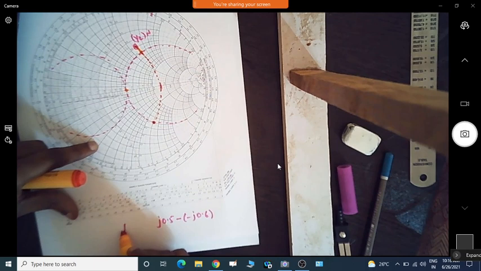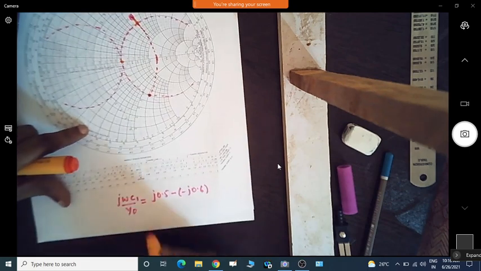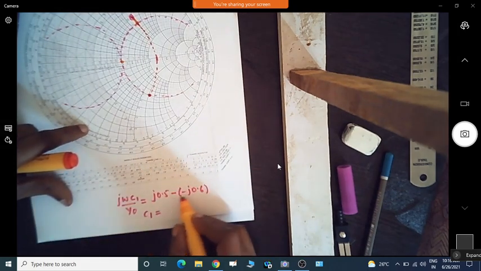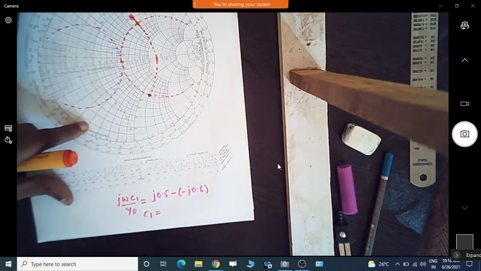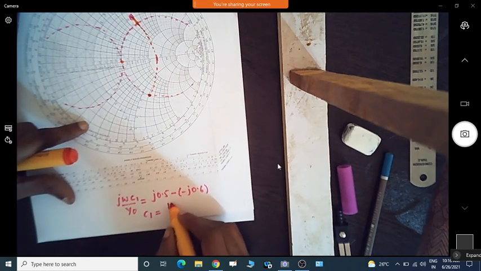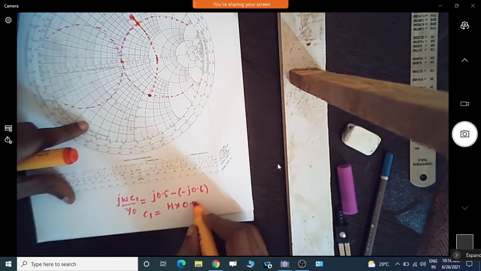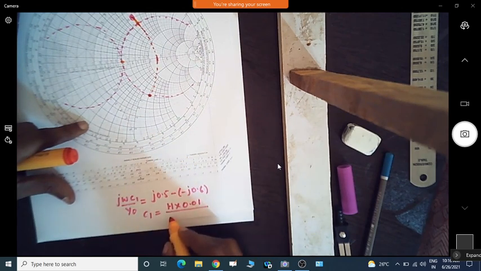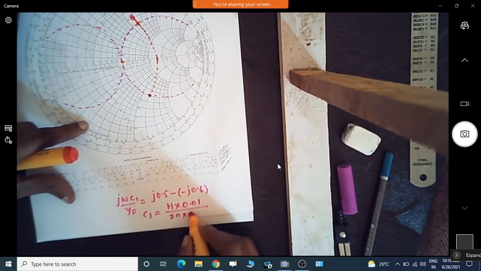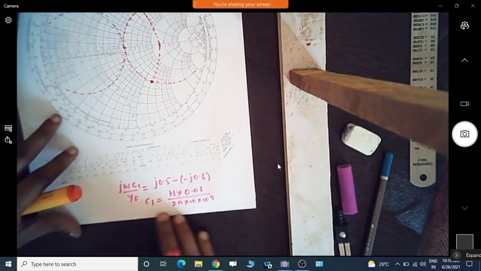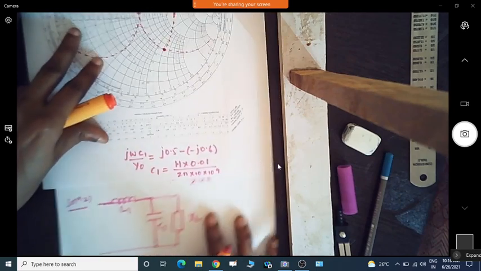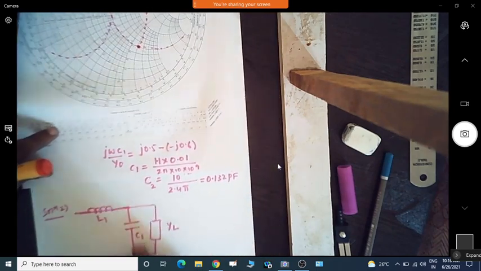That we know is j omega C divided by Y naught. So now C1 is equal to, 0.5 minus of minus 0.6, it is 1.1. So 1.1 into Y naught, it is 0.01, divided by 2 pi into 10 power 9. So this is the C1 you are going to get for this solution.